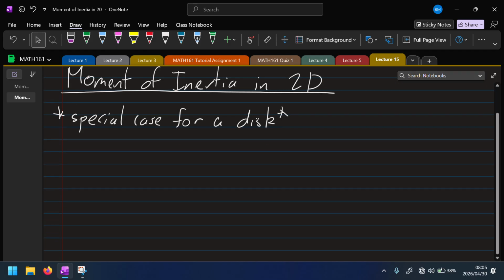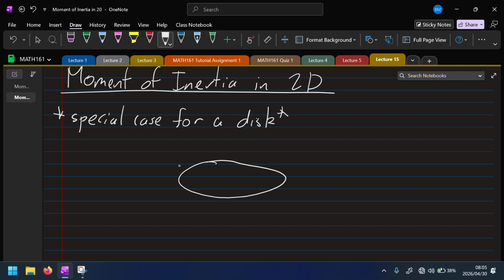Okay, so let's set up a picture and then we can work it out. We've got ourselves a disk. It has a very small thickness, so it's a very, very flat disk, but the radius is going to be quite large. So it's approximately 2D. It's very wide, but very, very thin. The axis for this will always be through the center.